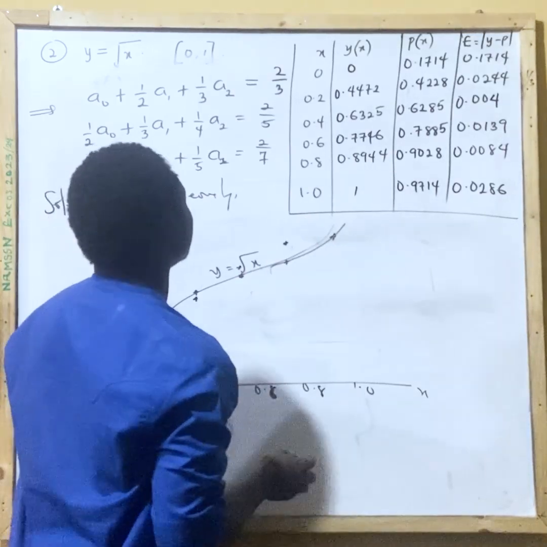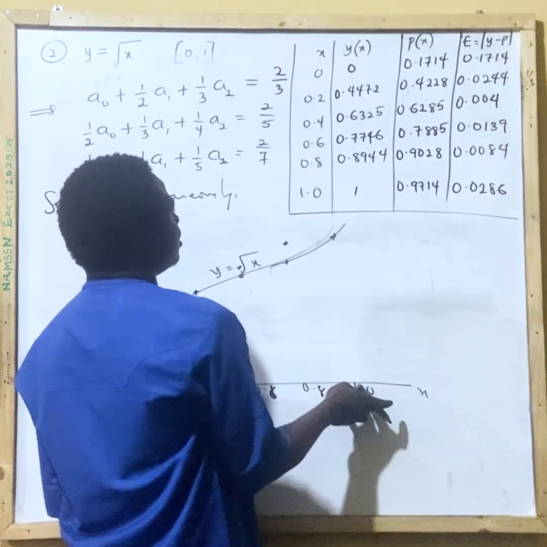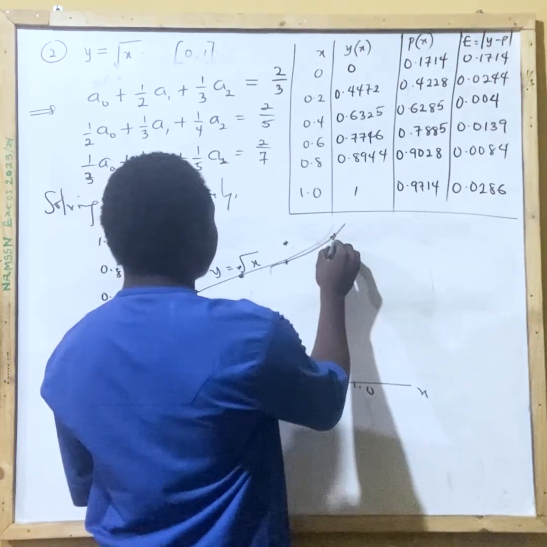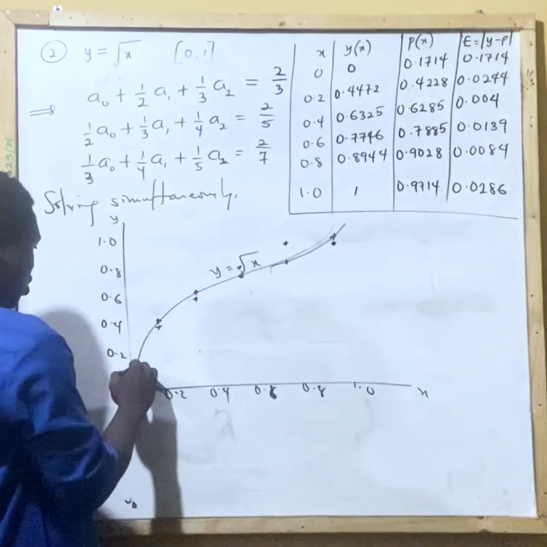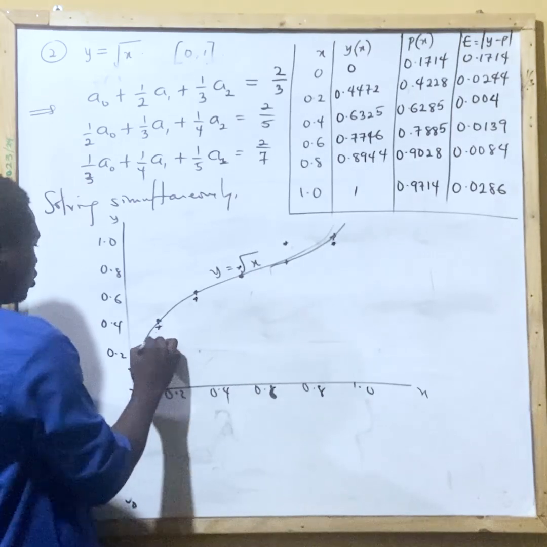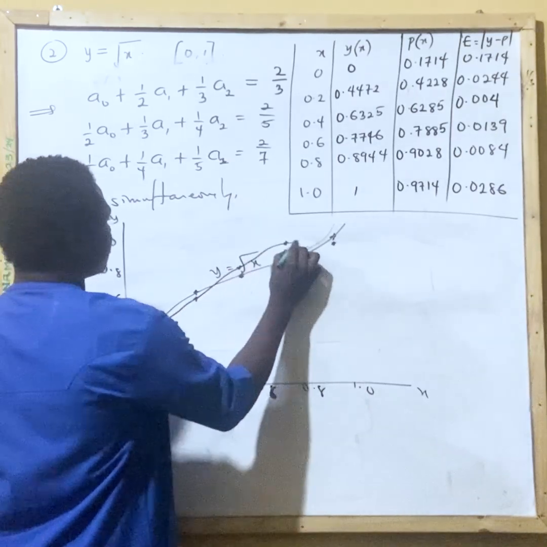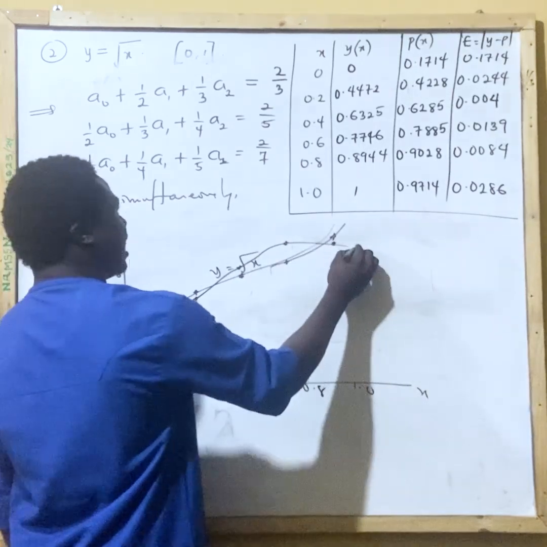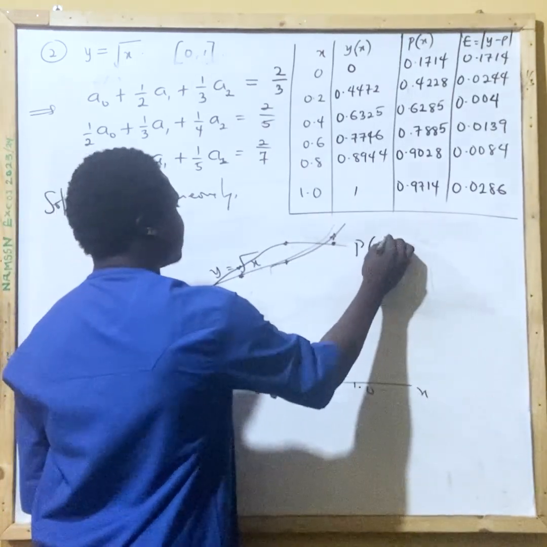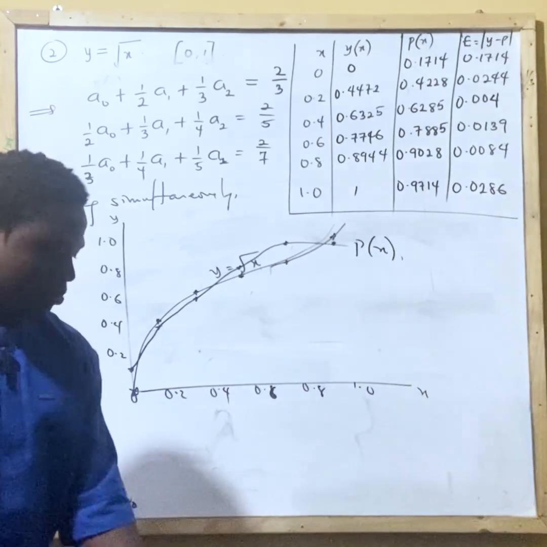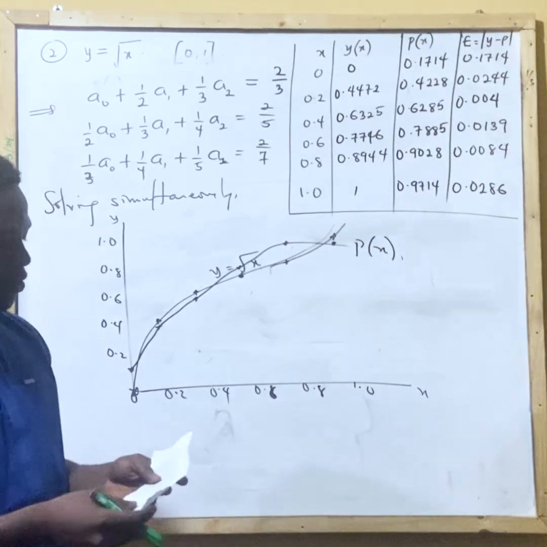Then when x is 1, my y is 0.97. So that one should be below my 1 here. So if I connect the dots, it goes like this. So this one now will be the line for p of x. So we have answered all the questions for number 2.